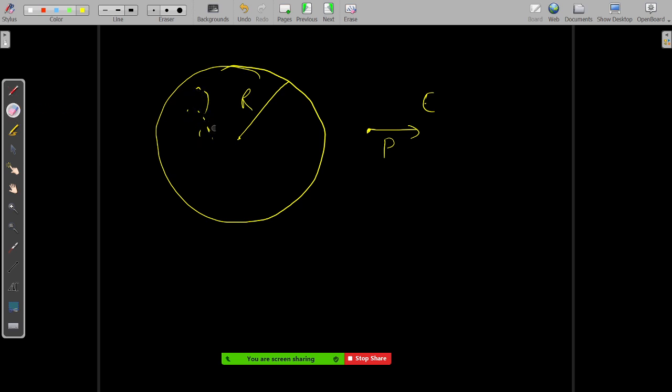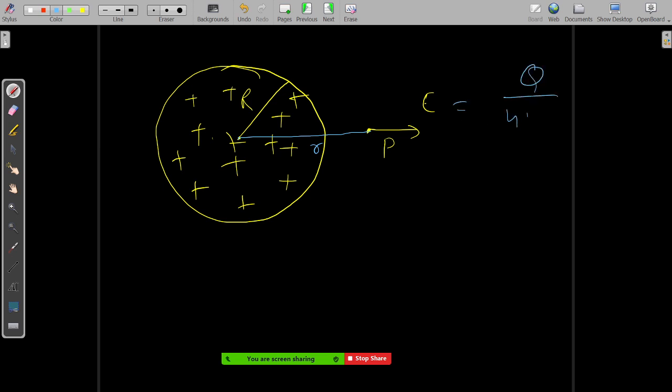Everywhere means this whole sphere itself is positively charged, and the total charge is capital Q. So at an external point, which is at a distance of small r from the center, you are going to get the electric field as Q by 4 pi epsilon naught r square.